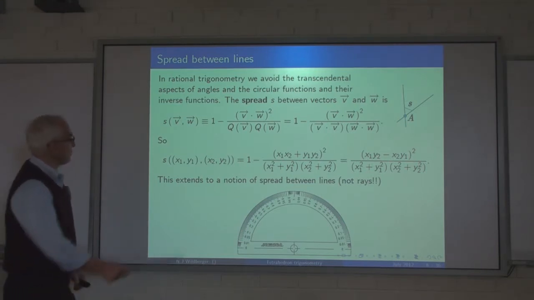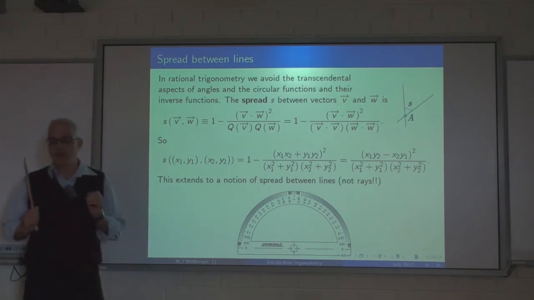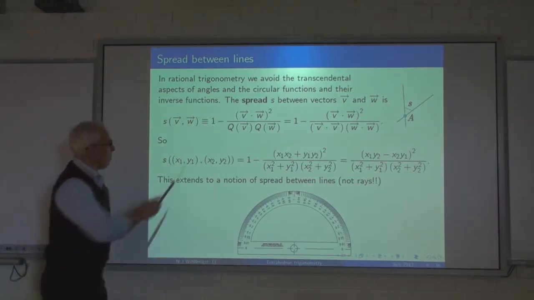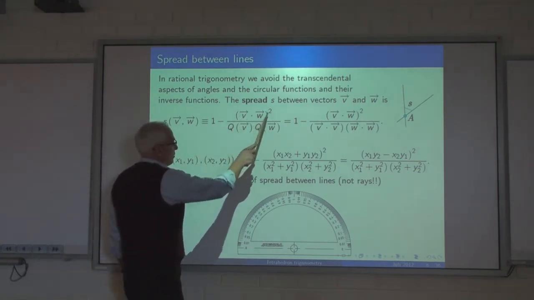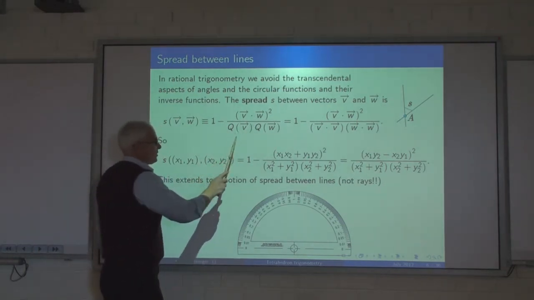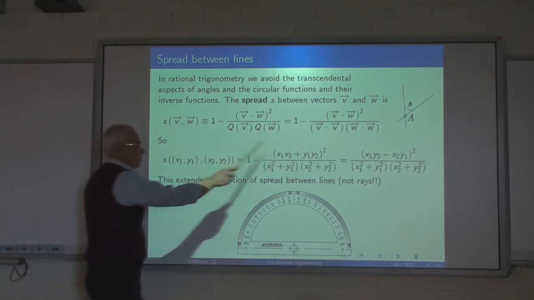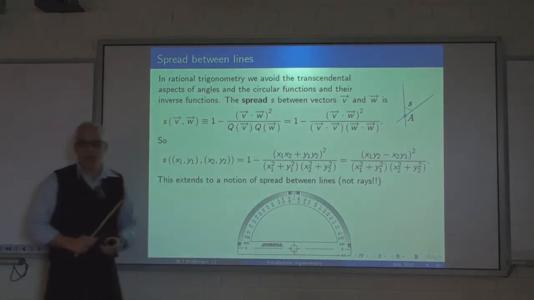Given vectors v and w, the definition of the spread between the vectors v and w is 1 minus (v dot w) squared, that's the dot product between v and w, divided by the quadrance of v times the quadrance of w. So the quadrance of v is just v dot v, so we can rewrite it purely in terms of the dot product this way.